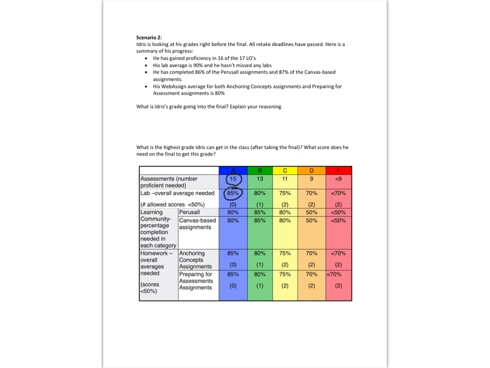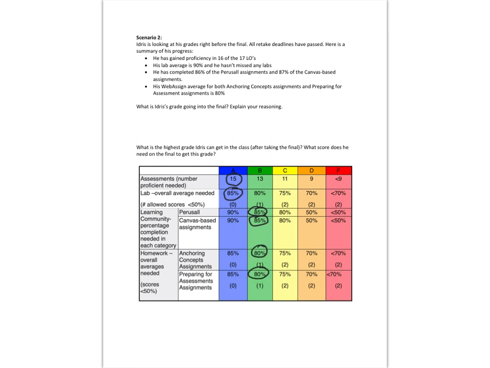He completed 86% of the perusal assignments and 87% of the Canvas-based assignments. That actually puts him at the B level for those, because the hallmark is 90% completion for the A. And then his WebAssign average for anchoring concepts and preparing is 80.